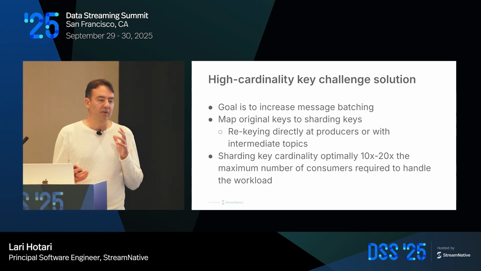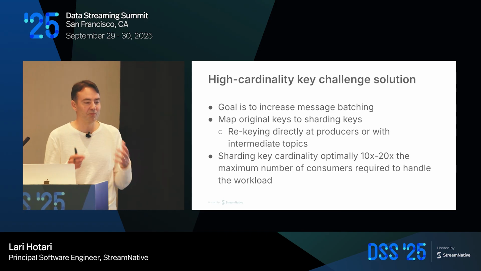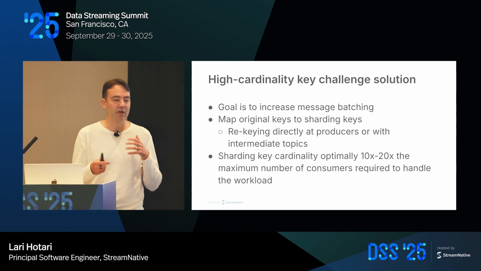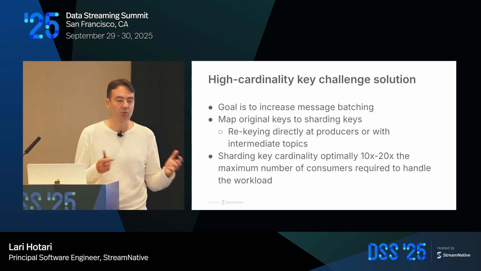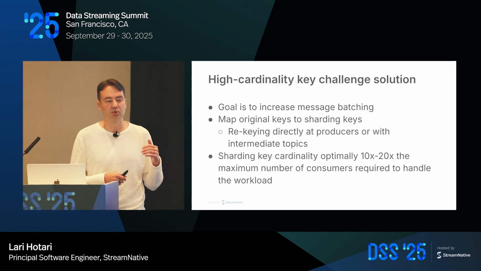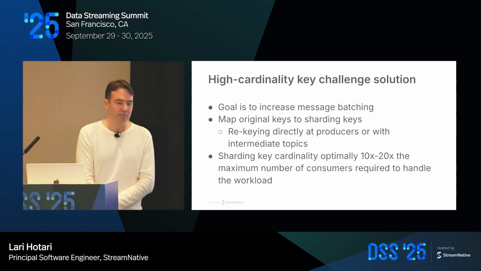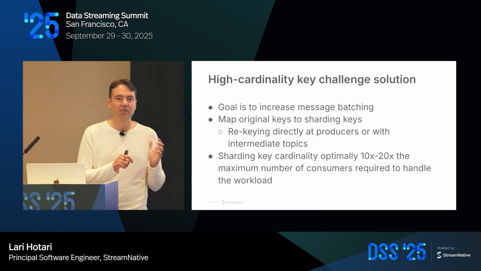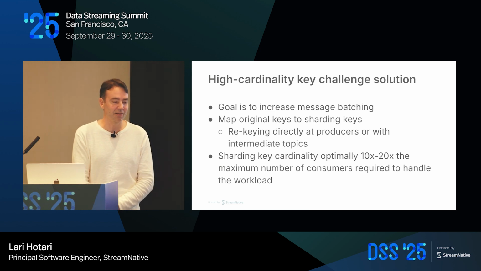And optimally, to get the most batching, an optimal sharding key cardinality would be about 10 to 20x of the maximum number of consumers required to handle the workload. So this number, I think I originally read from the Akka documentation for Akka cluster sharding.